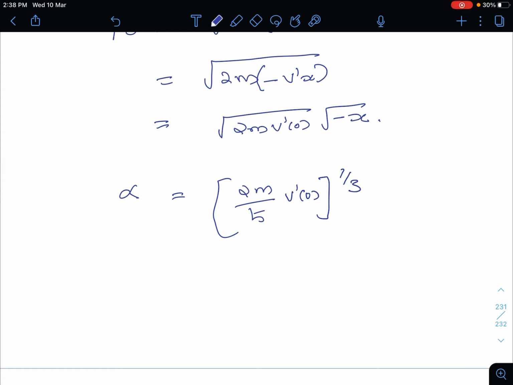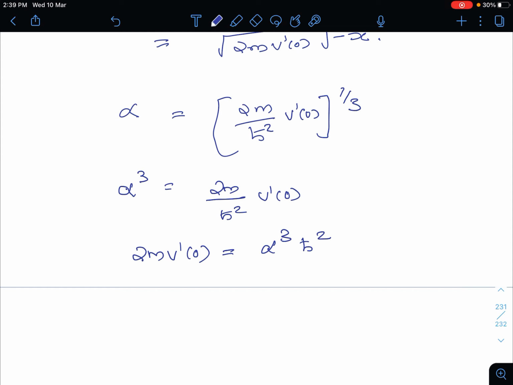Now see this. Alpha cube is 2m by h cross V dash of 0. So there is h square, I think it should be h square, yeah. So 2m V dash of 0 is equal to alpha cube h cross square, correct?